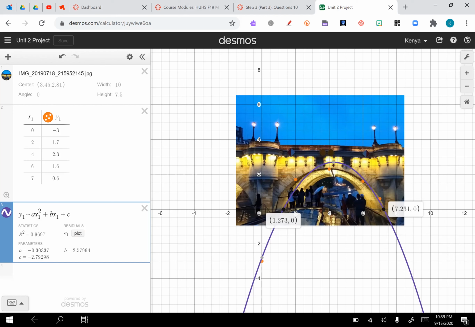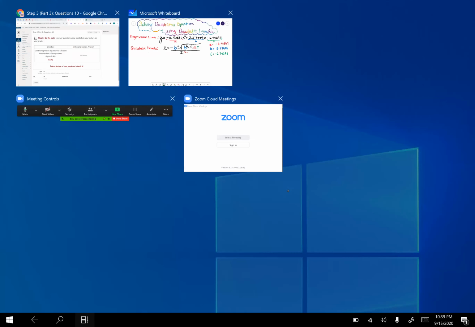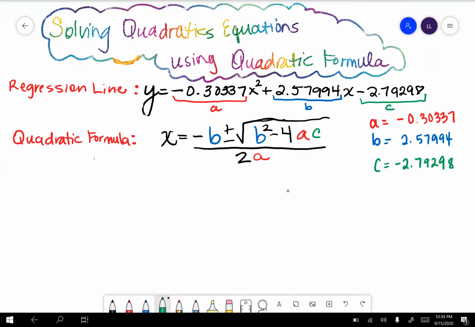All right, let's go ahead and get started. We're going to solve this using the quadratic formula. So remember, this is our equation. Let's get to that document. Where do we have the equation? And there it goes. There goes our regression line where A, B, and C are already marked. And there goes the quadratic formula.